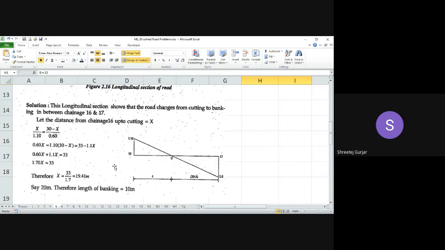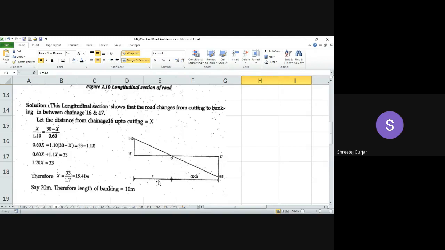Here you can observe the enlarged view. This is the 16th chainage and this point is the 17th chainage. The distance between these two chainages is 30 meters. This we have considered as x: from 16 to 0 we have considered x, and from 0 to 17 it will be 30 minus x.